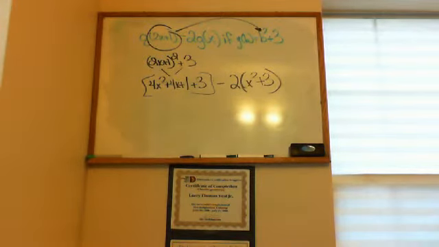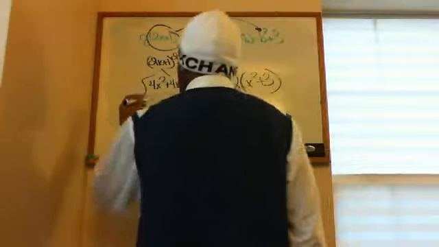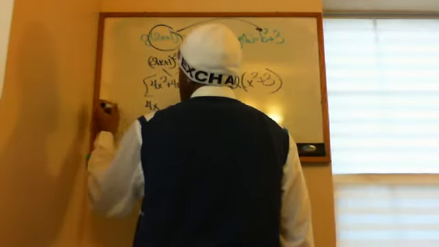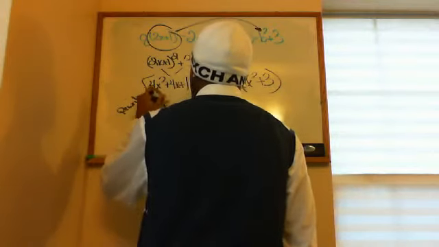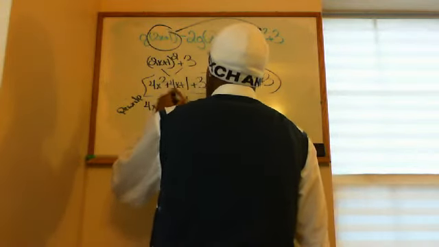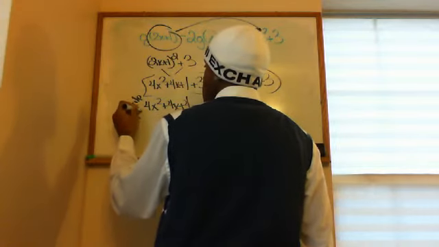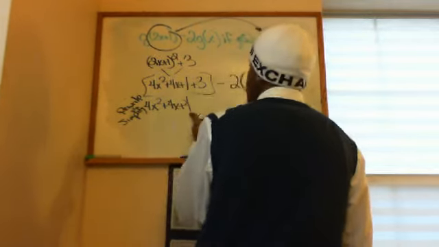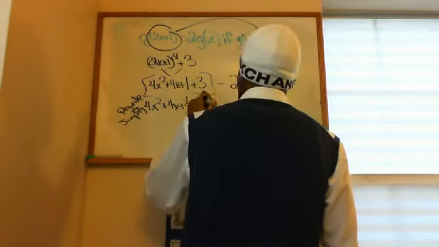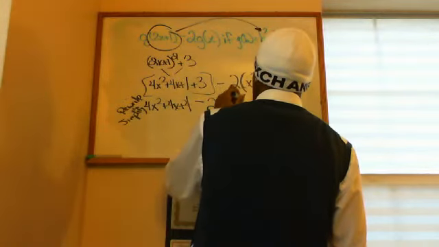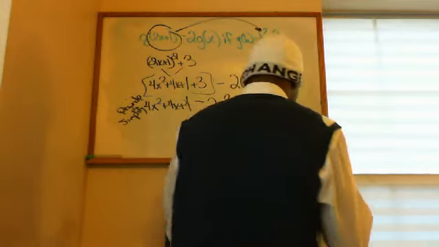So our next step would be to rewrite this, what I call the rewrite step here. Rewrite 4x squared plus 4x plus 4, or rewrite and simplify: 4x squared plus 4x plus 4 minus the 2x squared minus the 6.